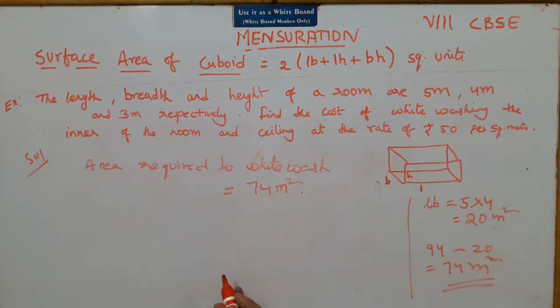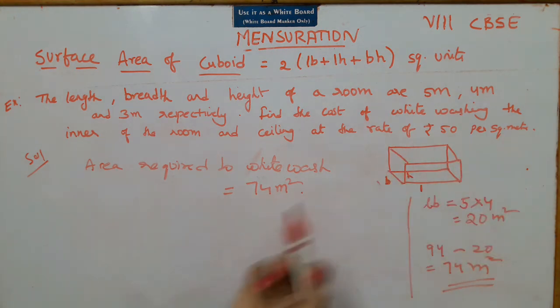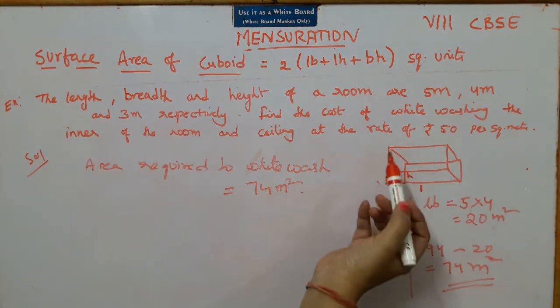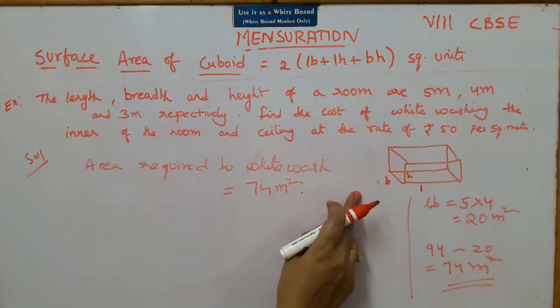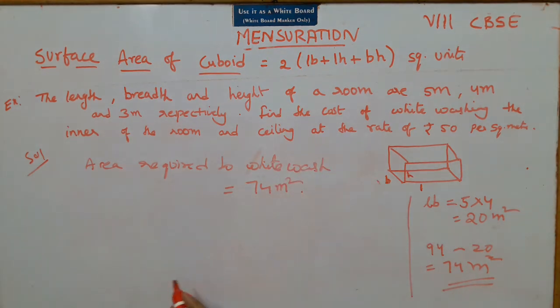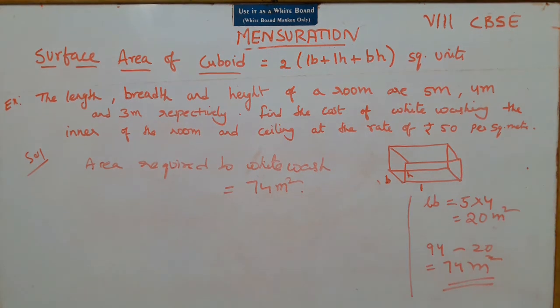So in the question, what is given? At the rate of rupees 50 per square meter. So per square meter the cost of painting the wall, so the cost of painting the room is rupees 50 per square meter.